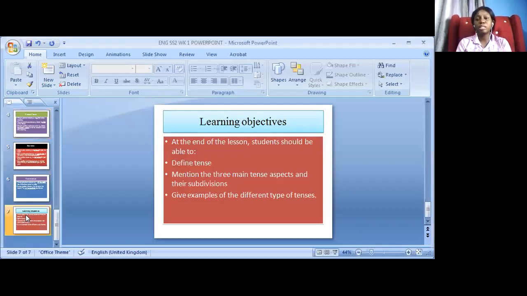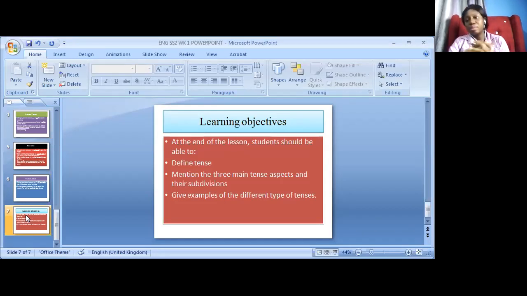Our learning objectives: at the end of the lesson, you should be able to define tense. Number two, students should be able to mention the three main aspects of tense and their subdivisions.